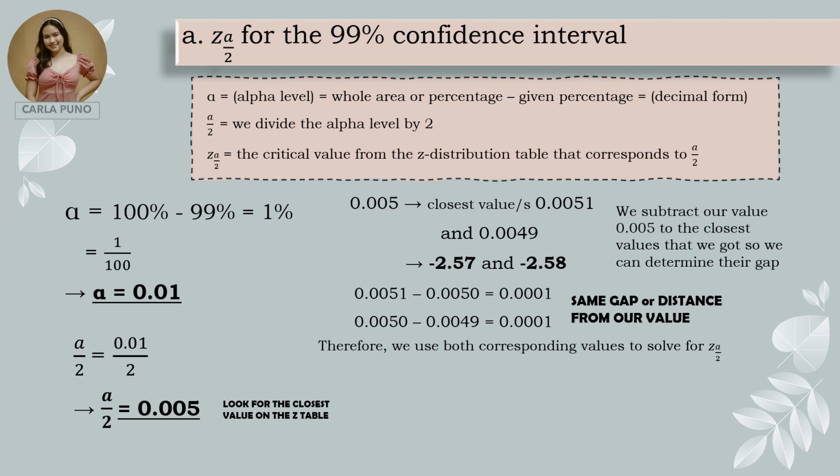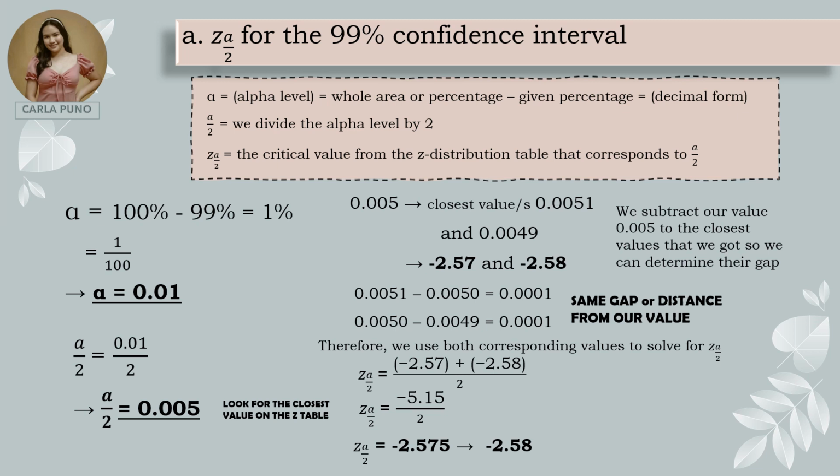Therefore, we use both corresponding values to solve for Z sub alpha divided by 2. We are going to add the corresponding values and then we divide by 2. We have negative 2.57 plus negative 2.58 divided by 2 equals negative 5.15 divided by 2.